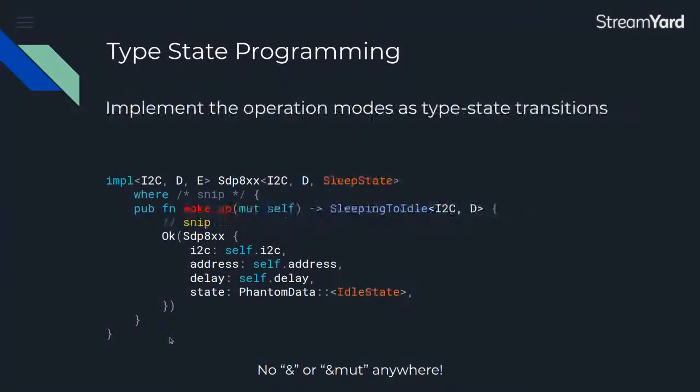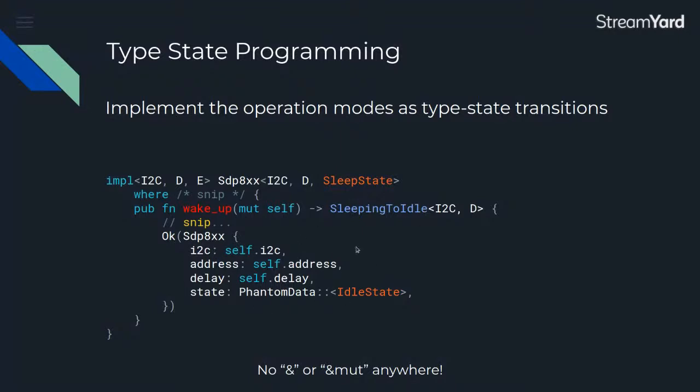How do we get out of it? Well, the same basic pattern, except this time the first line changed. This is the implementation block for the sleep state. And also where block, yeah, it's long. But the function is called wake_up, and it hints exactly what this is doing. And it gives us a sleeping to idle transition.